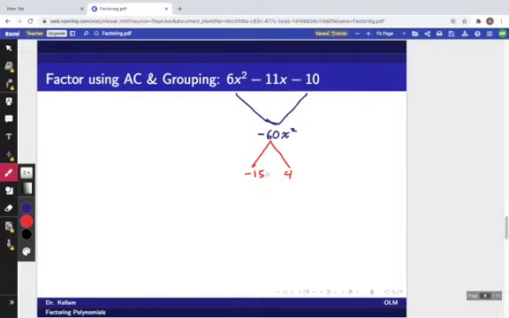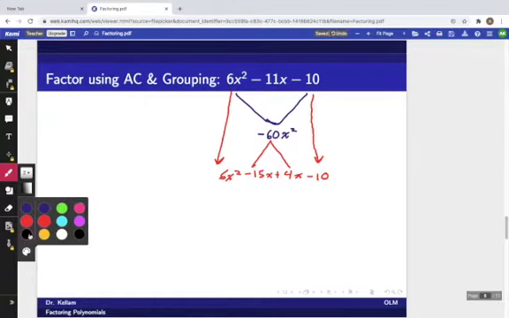So now we're going to rewrite our original statement. And we're just bringing this first term down. And we're bringing this last term down. So we have this type of setup.